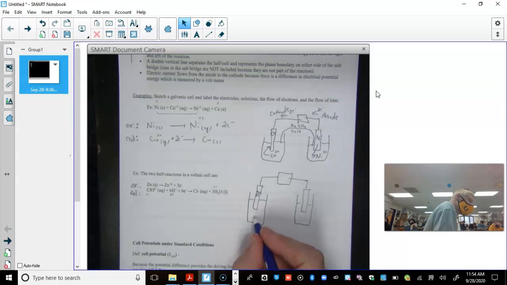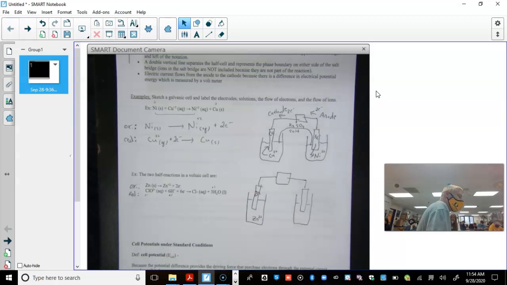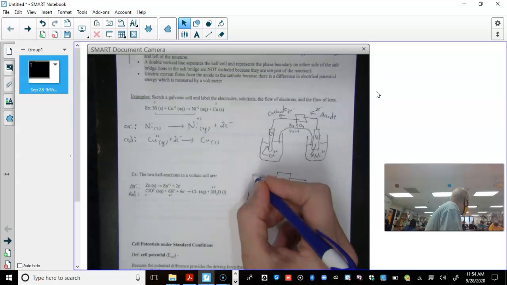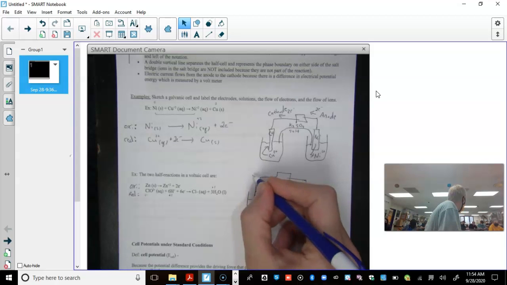And then zinc 2+. And if zinc's being oxidized, is it the cathode or the anode? You got it. Anybody know that acronym? Anode. Negative. Oxide. You got it. Anode.